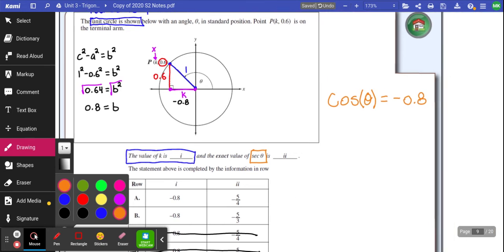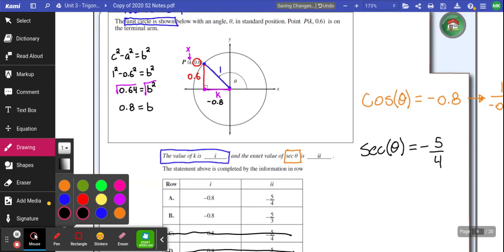If you want to reciprocate that, it's 1 over negative 0.8, which you could put in your calculator in math bracket, and it would tell you what that value is for secant. So secant of theta should be negative 5 over 4. The answer is A.